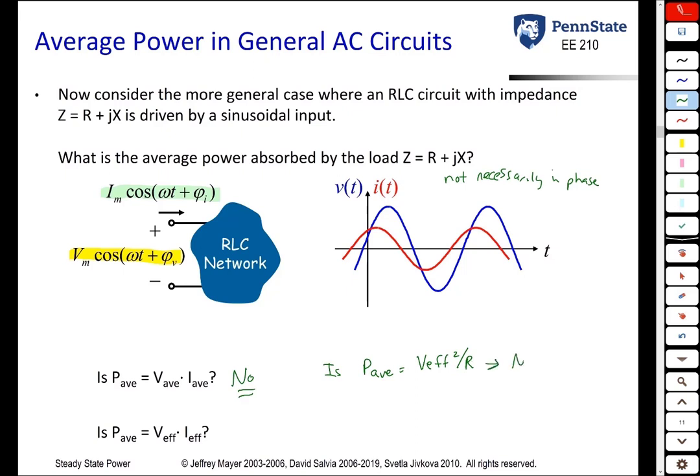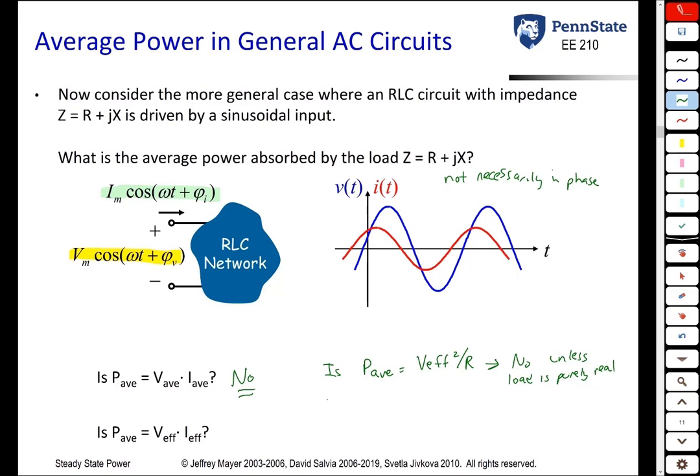The answer is no, unless, as we saw in the previous lecture, the load is purely real. If the load is purely real, that equation does work, but it doesn't work when you have a more complex load that consists of resistors, capacitors, and inductors.